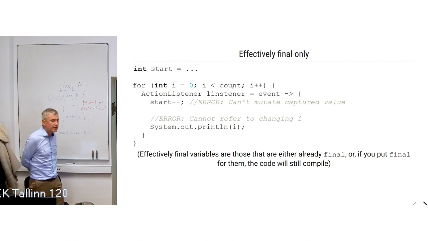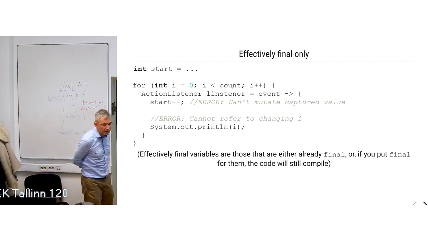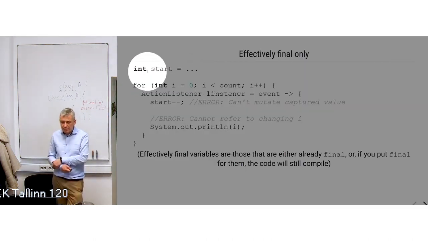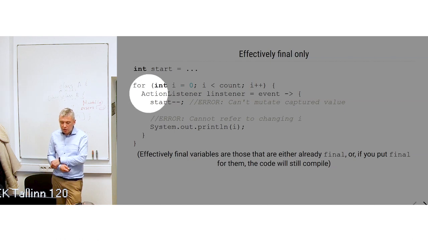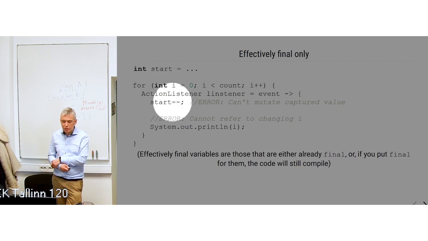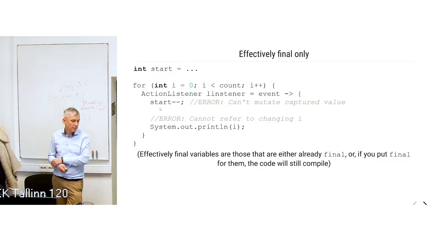These variables must be effectively final in Java lambdas. This means if we have an integer start variable here, and we are going to create many action listeners inside this for loop here, and in these action listeners we are going to mutate this start variable, this won't compile. Why?